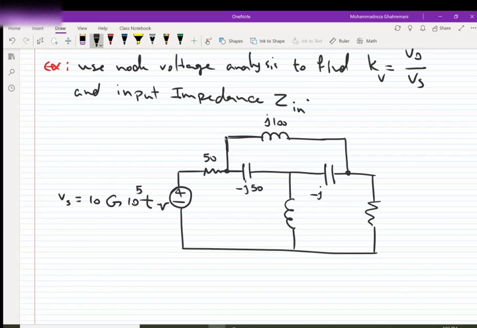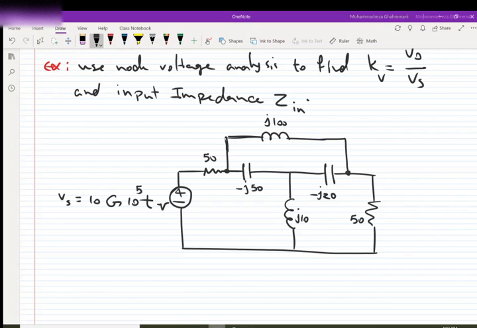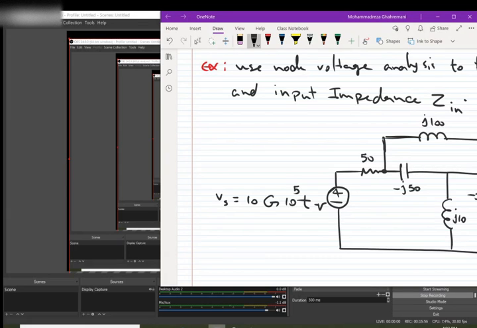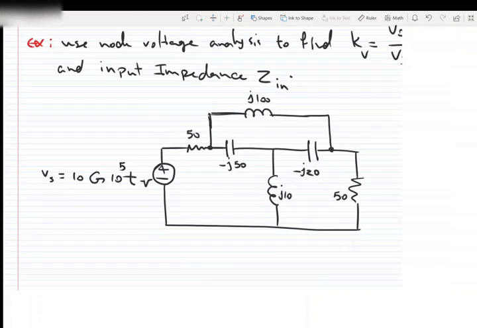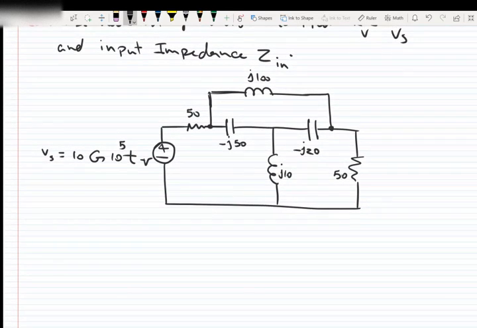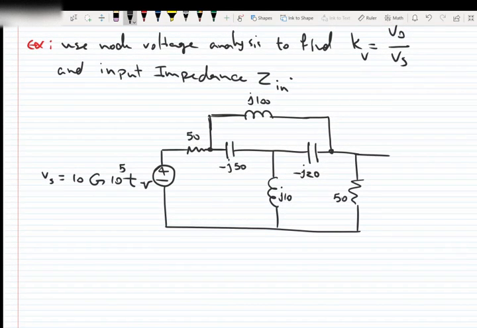You see that the values are given in the phasor form, but the voltage source is in time domain. Okay, we have all values, and we need to see where is the VO.